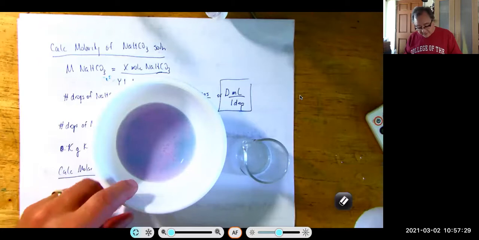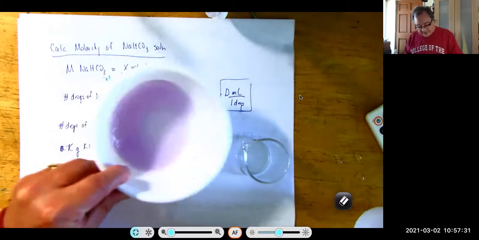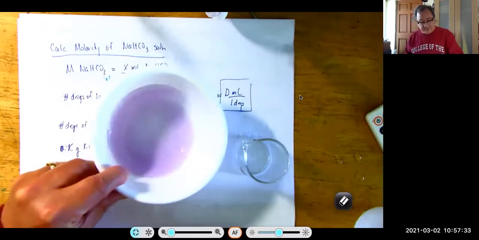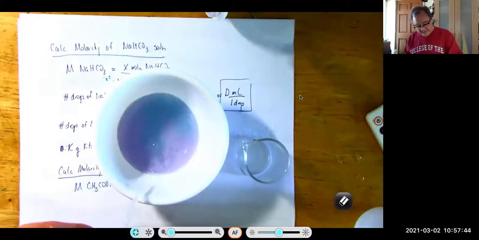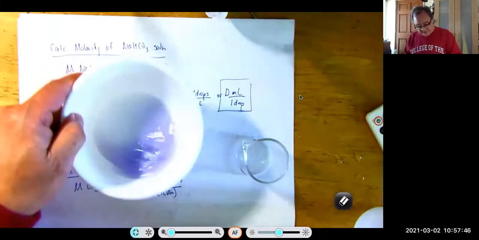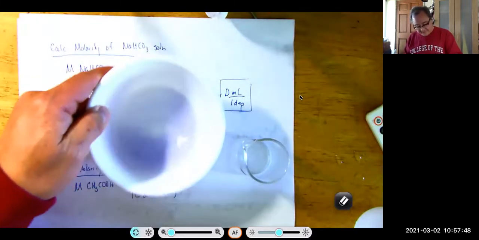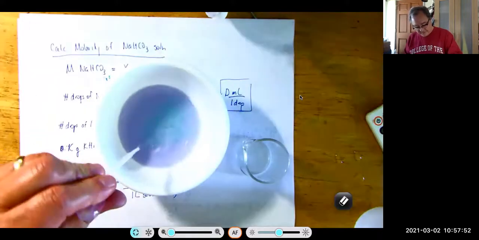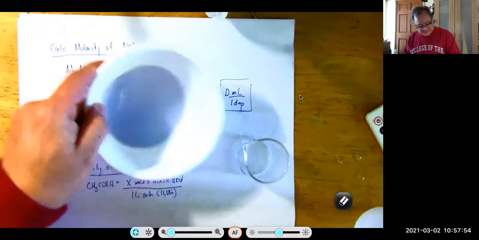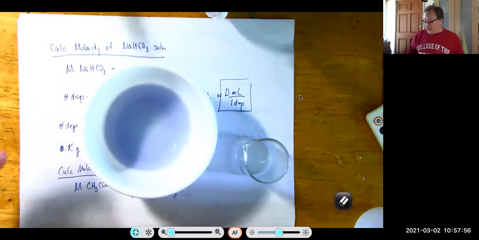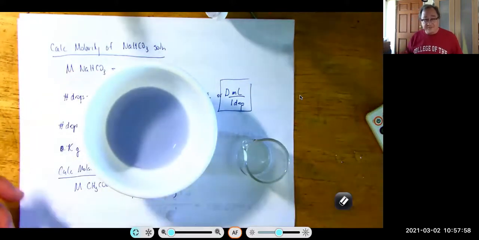What are those bubbles? CO2. Oh, and now I've turned it pink. Now I want to turn it back to blue. I can add some sodium bicarbonate. And it's turning back to blue. There we go. So I could do this all day long, except I'm not going to.